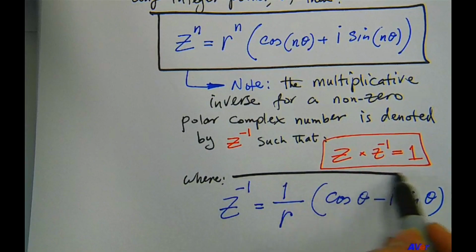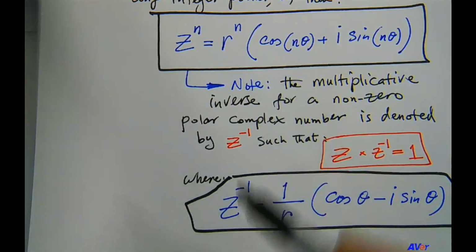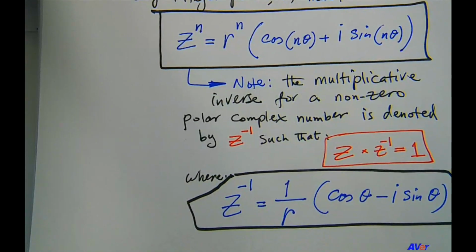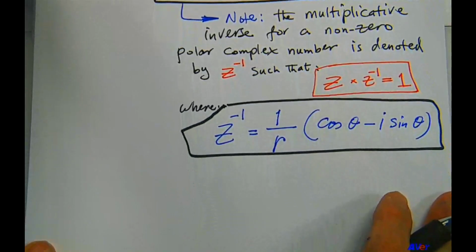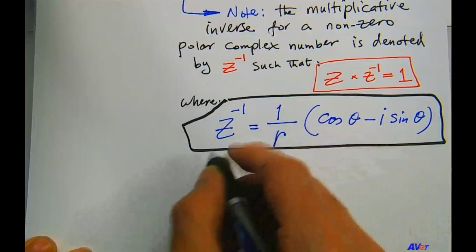So this formula is just as important as the one we introduced above, and there is a proof for this. But it's beyond the scope of this course. But if you're ever interested, I'll make it available to you.